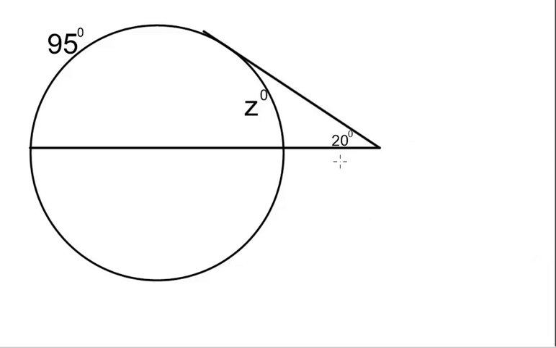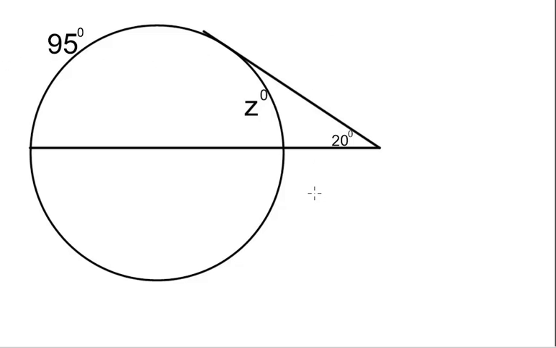Okay, now this time these intersect outside of the circle, so that tells us that the measure is going to be the difference between the two intersecting arcs. Now, in what you did, you tried to subtract 20 from 95. Well, that's not what we have.